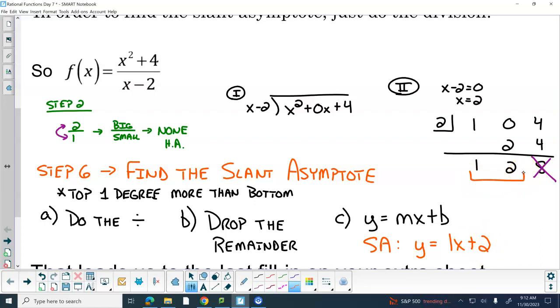And we would graph that line. 2 up from the origin would be the y-intercept. We put a dot there. Then we would go up 1, right 1, up 1, right 1, on and on. Or down 1, left 1, on and on. And it would be a dashed line because it is an asymptote.